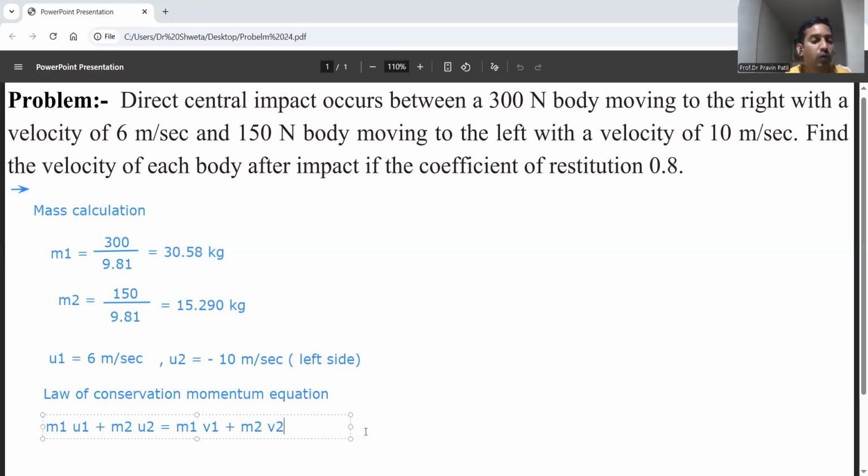Here u1, u2 are initial velocities and v1, v2 are final velocities. Let's put all these values here.